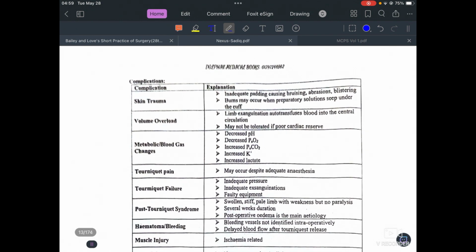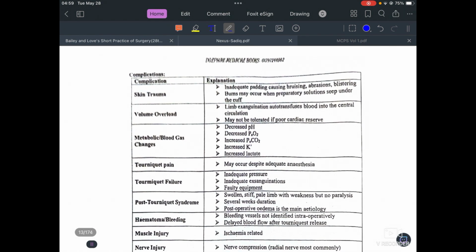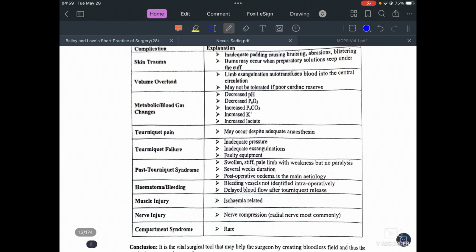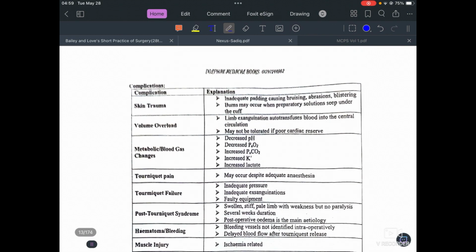So there may be some complications. Number one, there may be skin trauma, volume overload, metabolic or blood gas changes, tourniquet pain, tourniquet failure, post-tourniquet syndrome, hematoma, bleeding, muscle injury, nerve injury, compartment syndrome. Inadequate padding causes bruising, abrasion, and blistering.